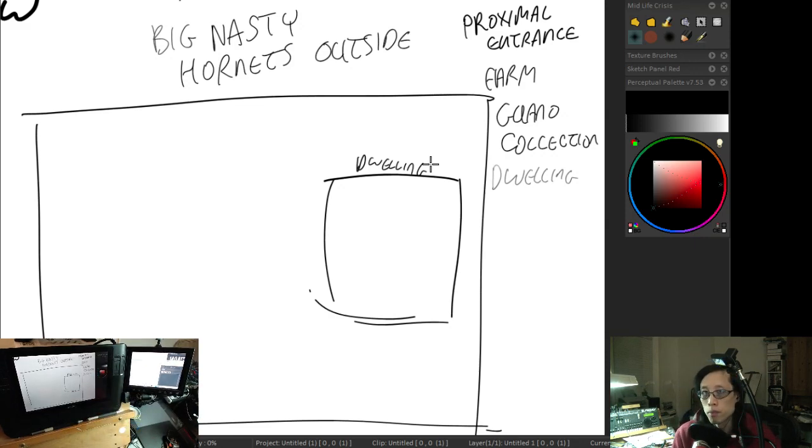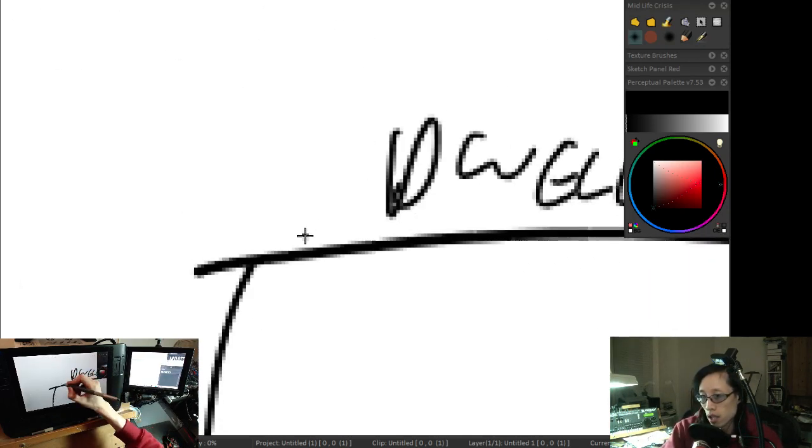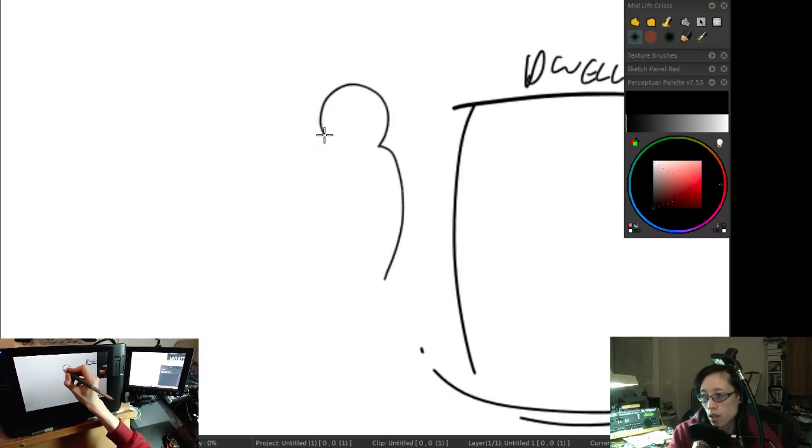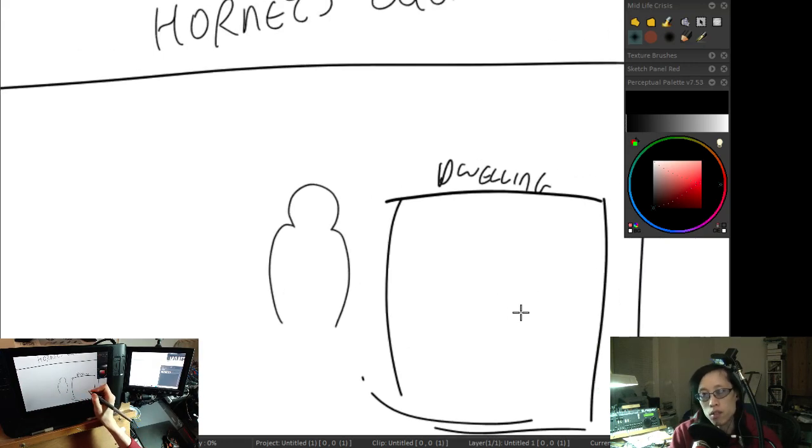Is it too big, too small? I don't know. We had nothing. At least we got something. And now we can make a decision as to if it's too big or too small. Because if I say the guy is maybe this big, then obviously that dwelling is too small.